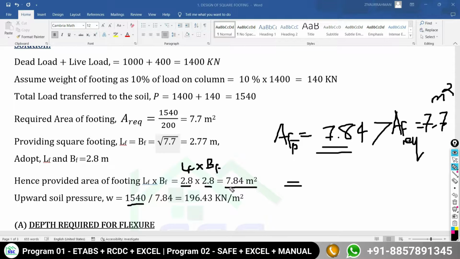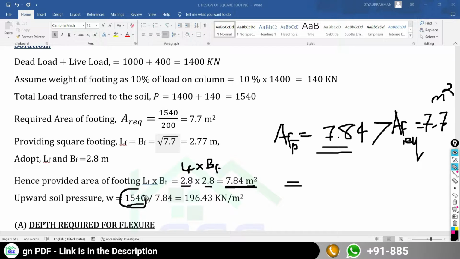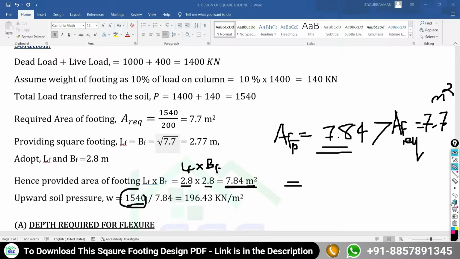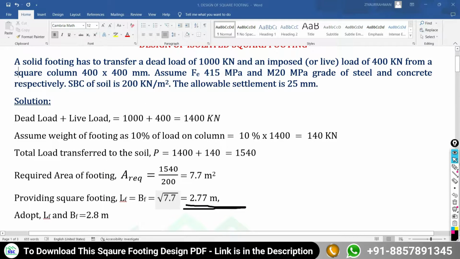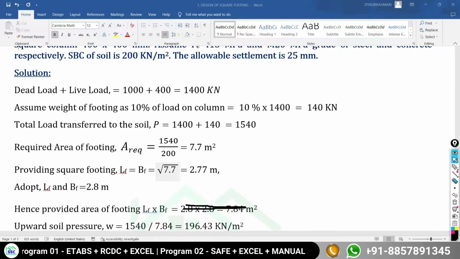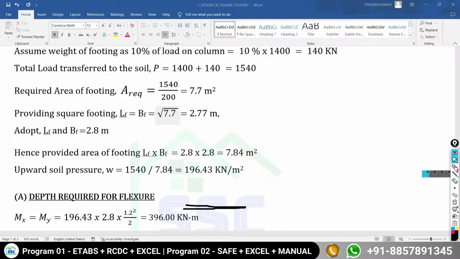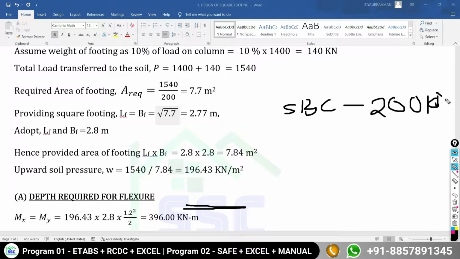So the area provided is 7.84, and the applied load is 1540. With this ratio we get 196.43, which is the upward soil pressure. The safe bearing capacity SBC of the soil is 200 kilonewton per meter square.